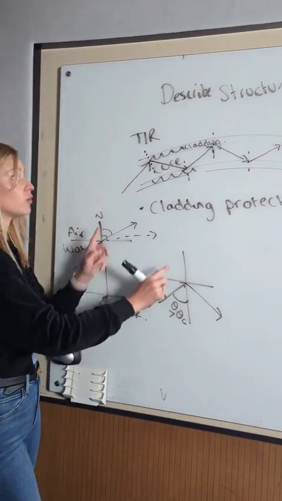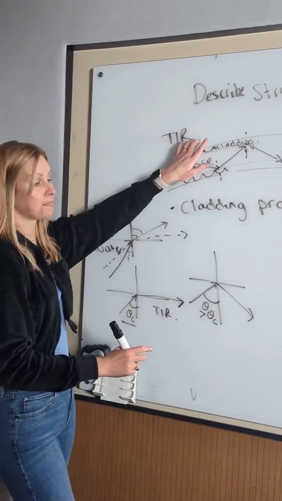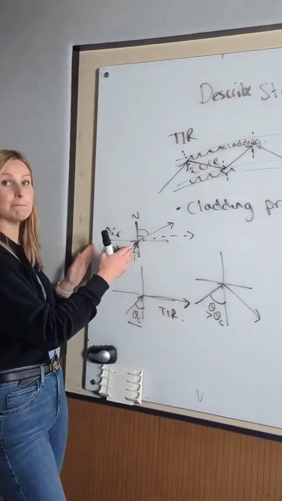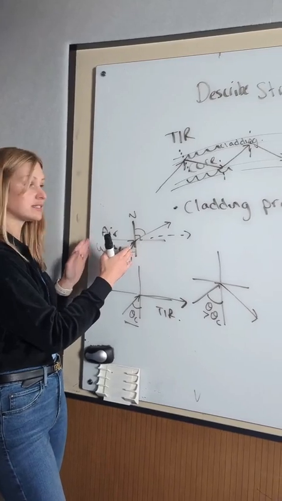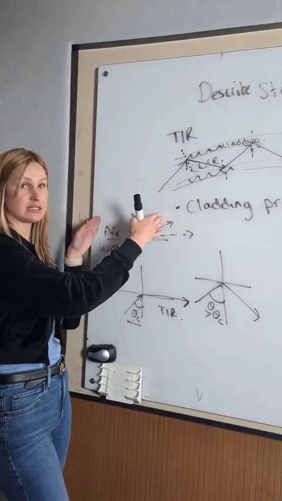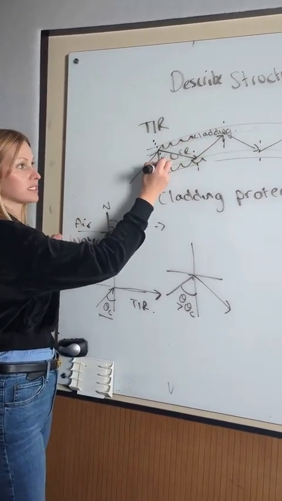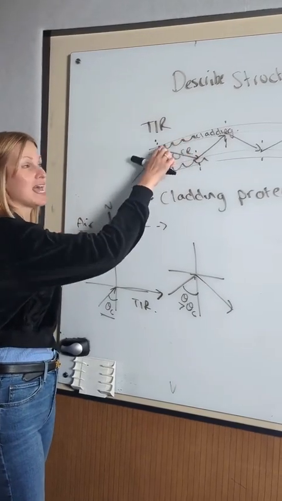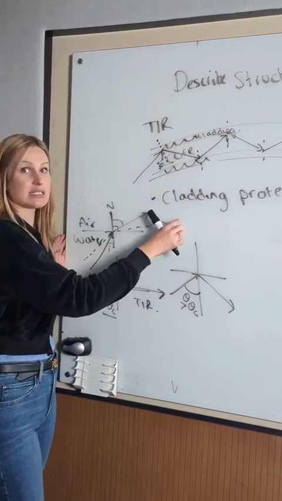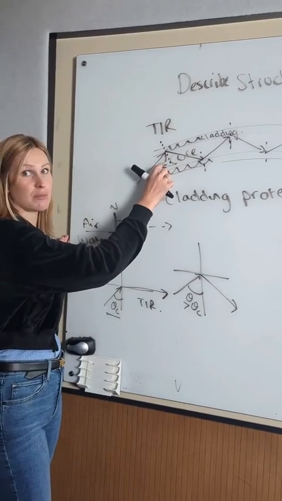Just to confirm, in order to get total internal reflection, I need my ray to travel from somewhere that is more optically dense to somewhere that is less optically dense. That means my core must be the more optically dense, and the cladding must be less optically dense. I'm going to write that because that's a description of my optic fiber.